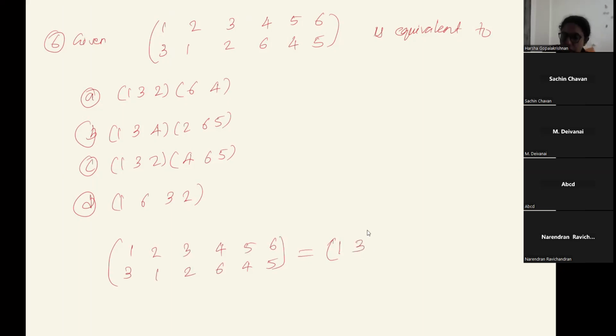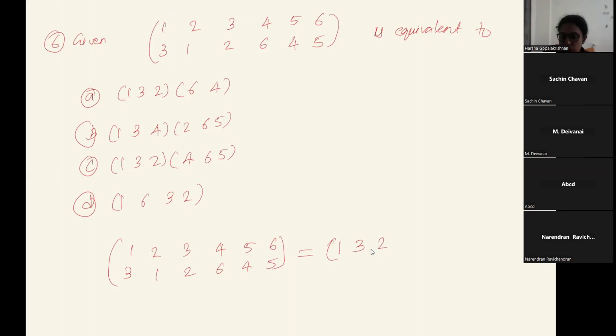Now, the next element should be the image of 3. What is the image of 3? In this permutation, the image of 3 is 2. Now, the next element should be the image of 2.